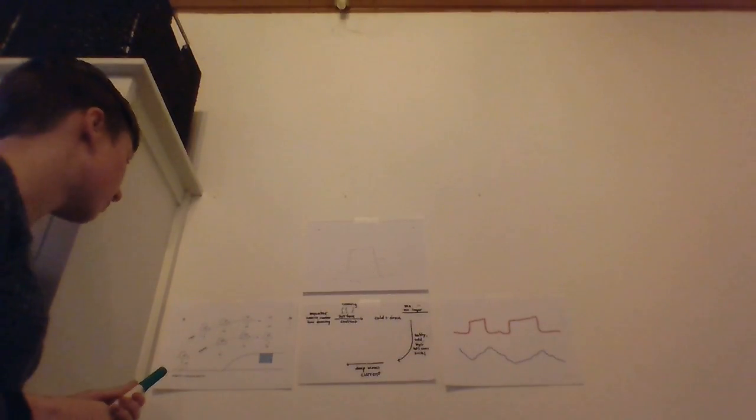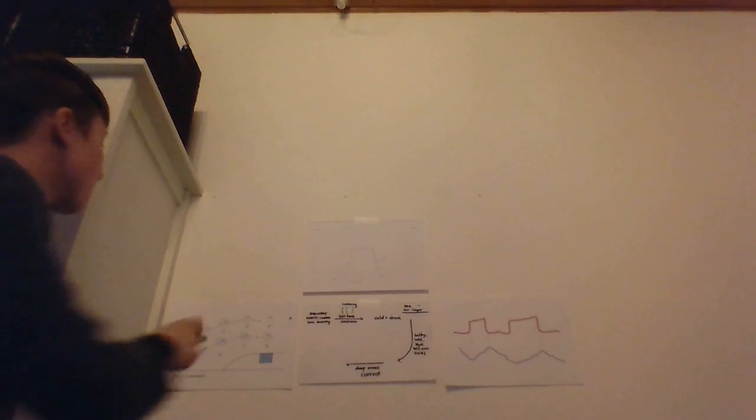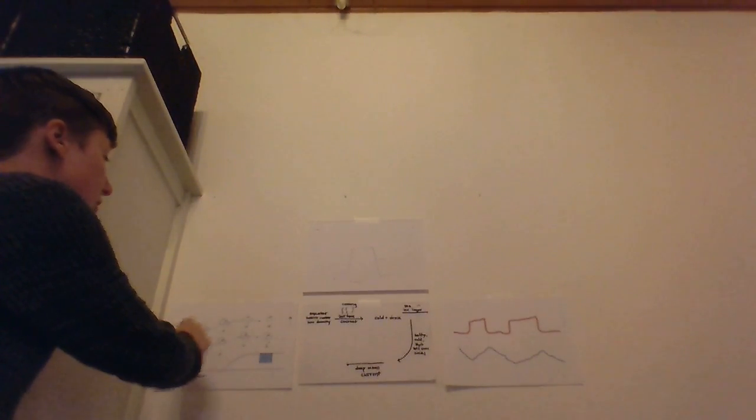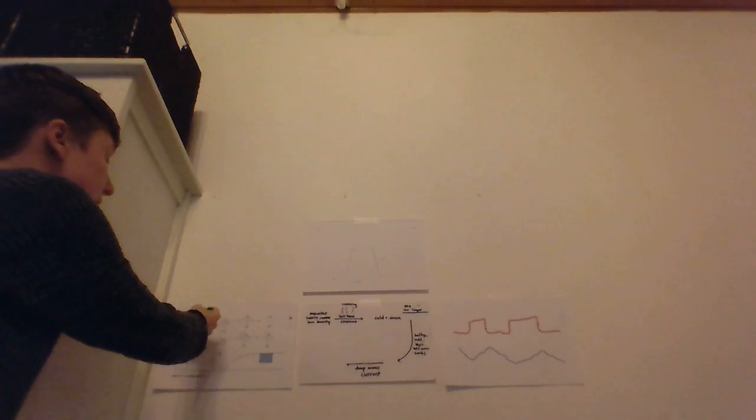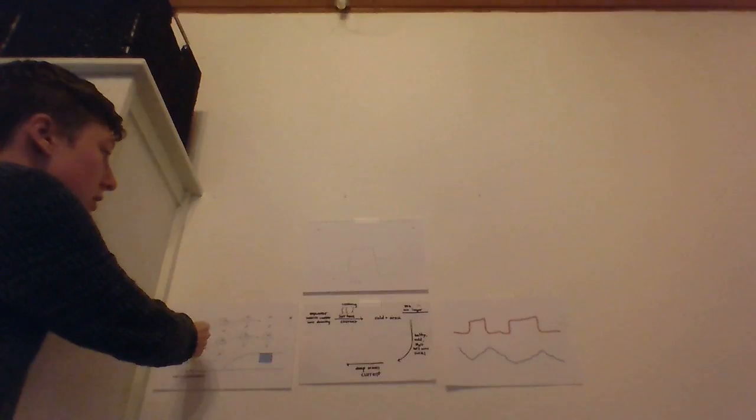So in the winter or during cold climate periods, water condenses at an earlier point. So if this is south and this is north, the water is condensing closer to the equator.